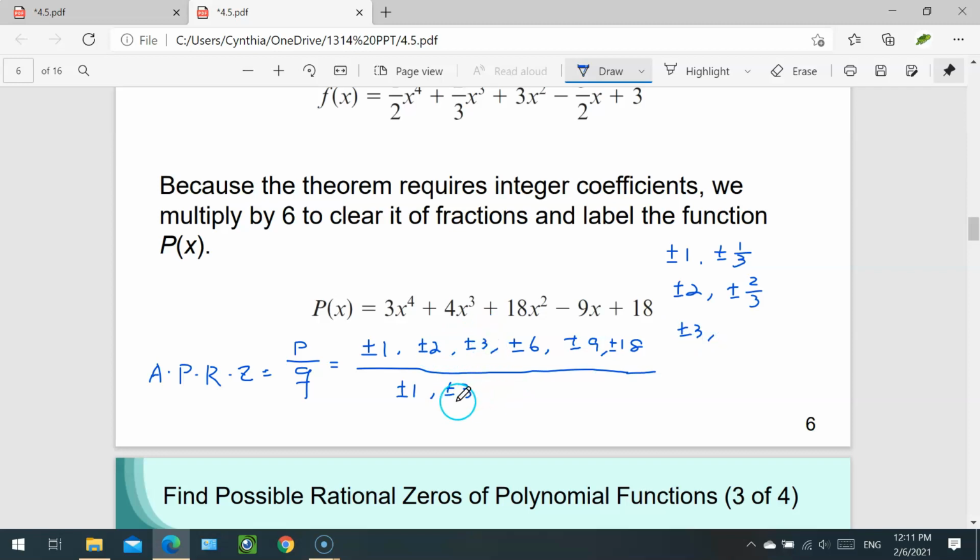And positive negative 1 because 3 divided by 3 is 1. So 1 was here, so you don't write it twice.